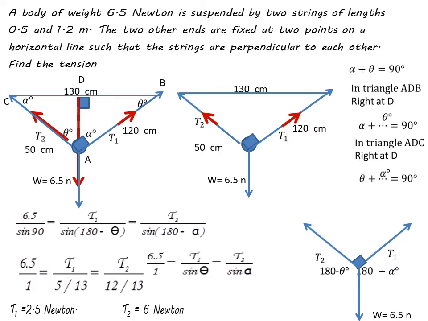Of course, I can also apply the triangle of forces in this case. I can extend the line of action of W and also take a parallel line to T1 or T2 and make a triangle of forces, using Pythagoras theorem or Euclid's theorem. I can find the lengths of the sides, but it will be easier using Lami's rule.